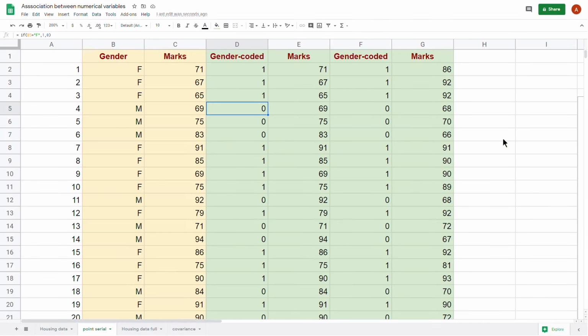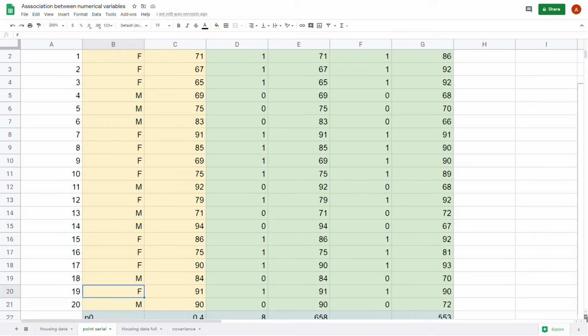One way to do this is, I can just find out the total number of females. If I count the total number of females, it is 1, 2, 3, 4, 5, 6, 7, 8, 9, 10, 11, 12 females. So, out of 20, I have 12 females and 8 males.